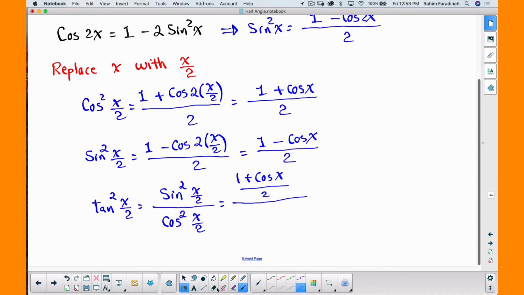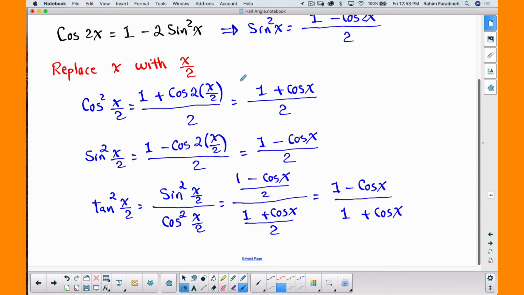No, actually this will be 1 minus cosine x divided by 2, and the denominator will be 1 plus cosine of x divided by 2. Simplify this, we get 1 minus cosine x over 1 plus cosine x.